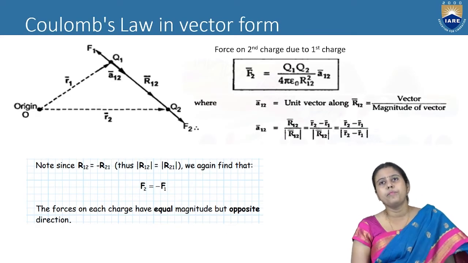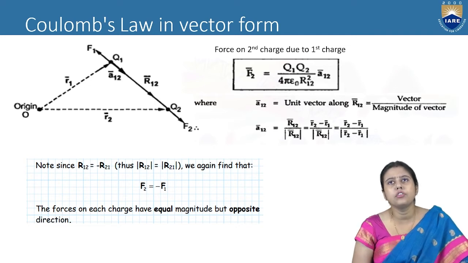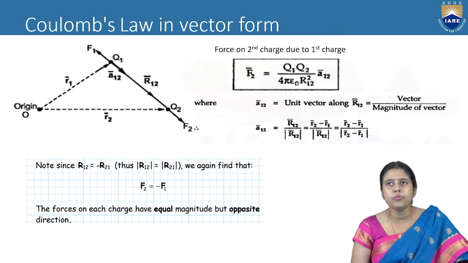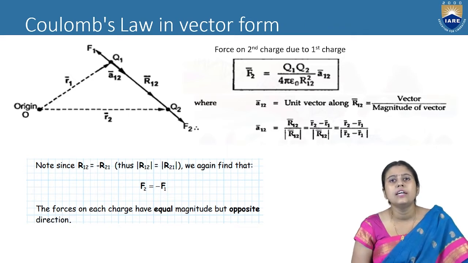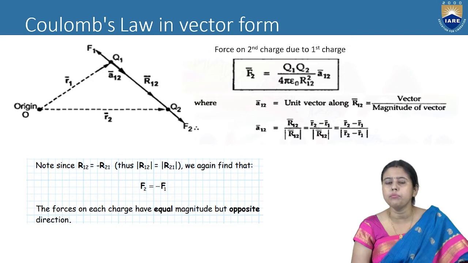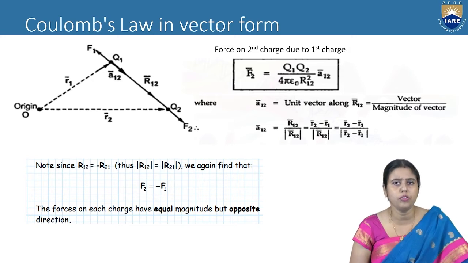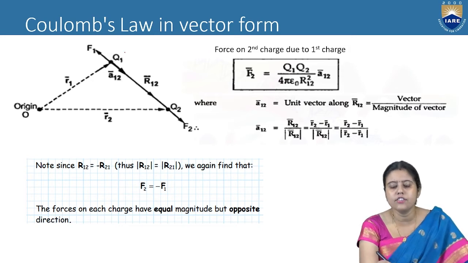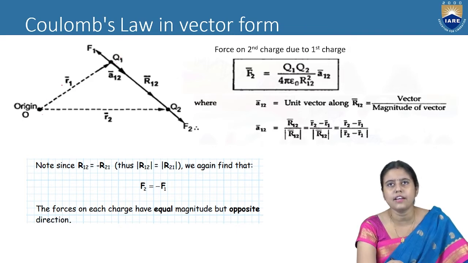Now, the important thing: Coulomb's law in the vector form. So now we have to understand the direction. If it is the repulsive force or the attractive force, what is the direction in Coulomb's law? So let's start. Say this is one charge Q1 and the distance from the origin is R1.